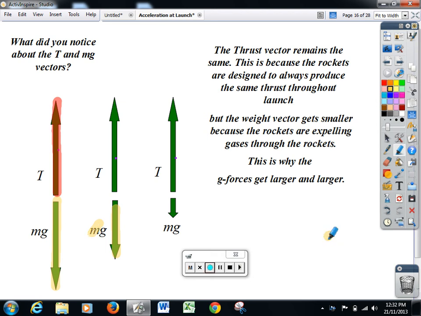And as m decreases, we get smaller and smaller, and therefore in the subtraction, the T minus mg, the top part of the formula, the difference becomes more marked. And once again, the denominator decreases as well. So we don't just get a decrease up here, we also get a decrease there.